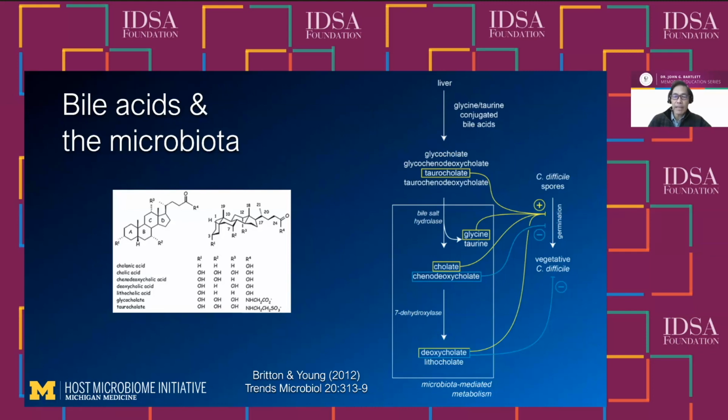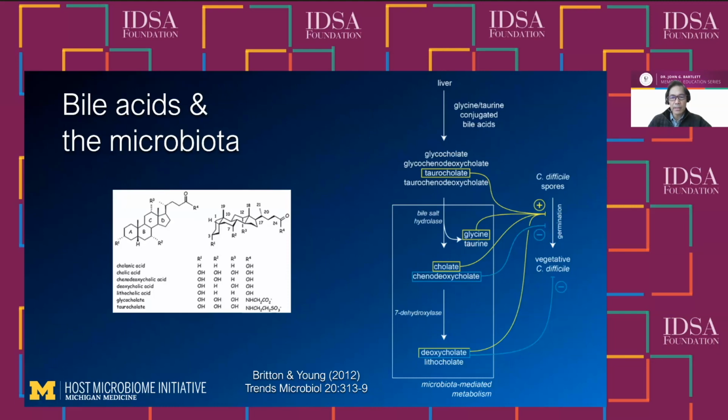Now, that's not the whole story there. Again, looking at the concept of the microbiome, this actually reflects the combined metabolism of the host and microbes. For example, there are some microbes that can, through the activity of bile salt hydrolases, remove glycine and taurine, releasing the primary unconjugated bile acids.